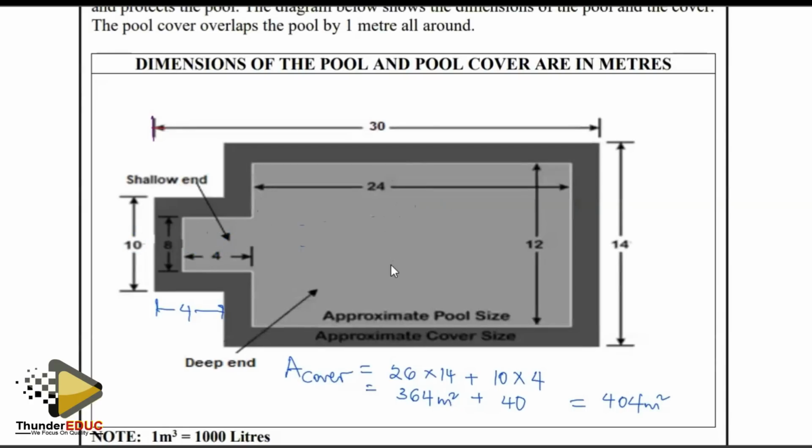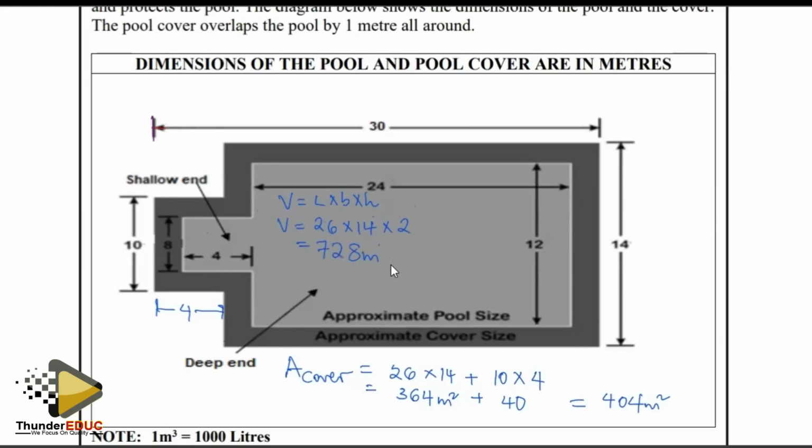So they are saying if it's volume, we shall say L times B times what? So volume for the deep one is going to be 26 times 14. The deeper one is 2 meters high. So you get the volume there. So you end up having 720.